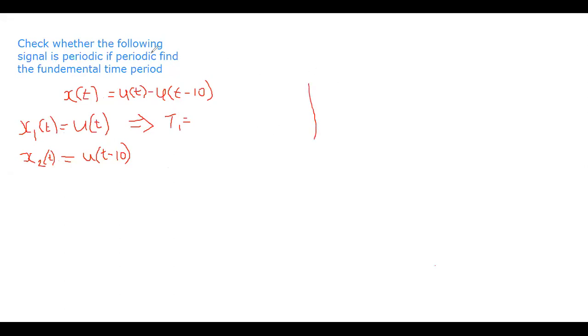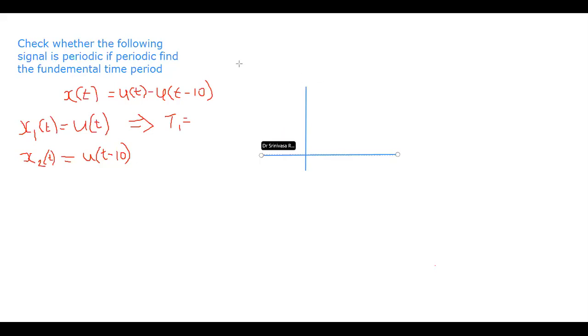Now see here, please all of you look at this one. Please all of you mute your mics. First of all, let us consider x1 of t and x2 of t separately.